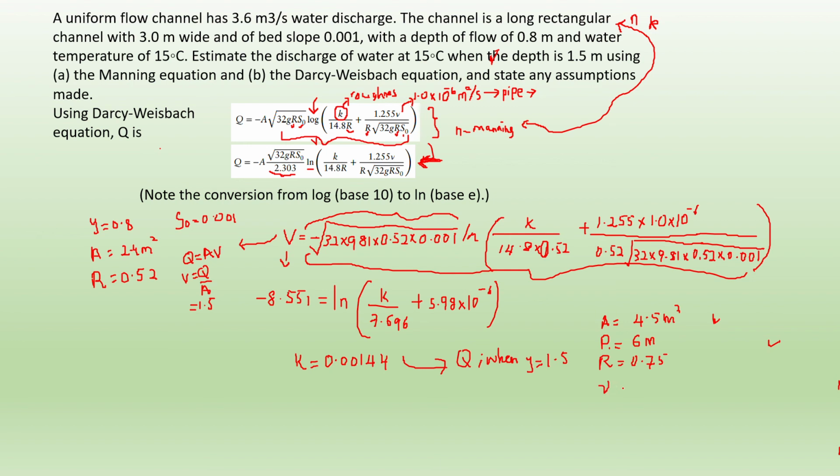The k is still the same, as when we solved for k just now, which is 0.00144. And then what else do you need? You know R, and you know S0, which is 0.001. Then you know everything already, so you can find the final answer for Q.